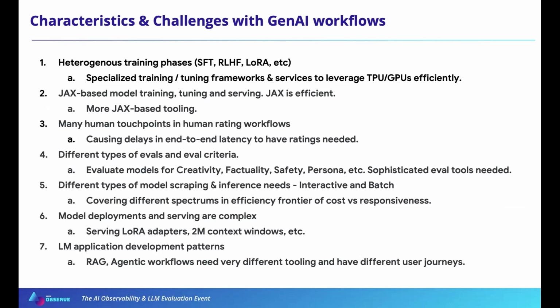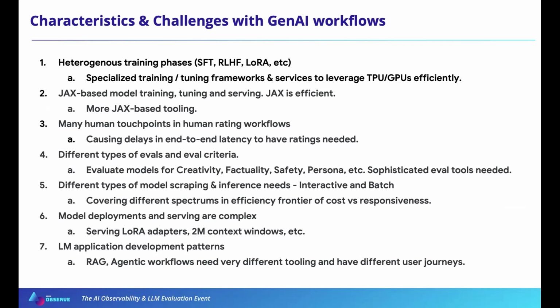The third one is that there are many human touch points in the human rating workflows that we see. This is when you enqueue the results to labeling platforms like Scale or whatever you're using. Sometimes we see this causing delays in end-to-end latency. So we are trying to shorten that latency, and also reduce developer toil in trying to automate.